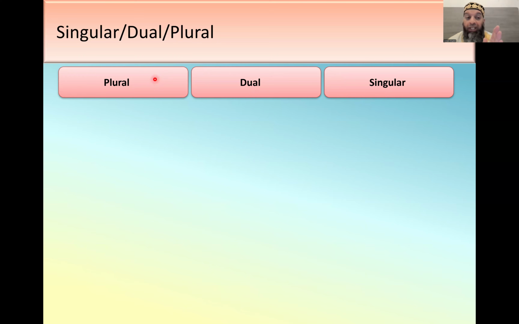And then the plural is 3 plus. Anything 3 or over is given the plurality in Arabic. Anything that is 2, there's a separate word for it. I say one word and you know it means 2 of those things. And the singular is, of course, singular.